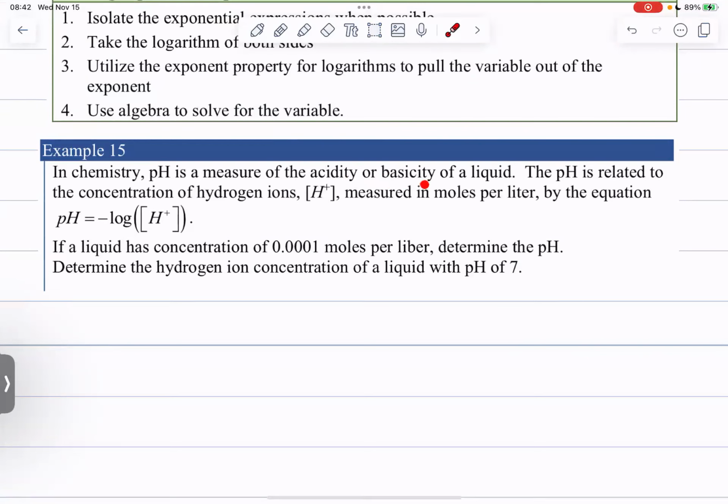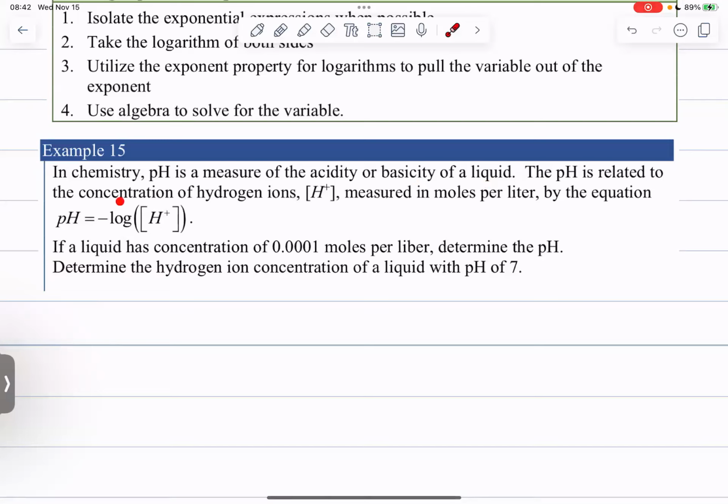When I was reviewing this last night, I could not read this word. Basicity? I actually don't know. Of a liquid.